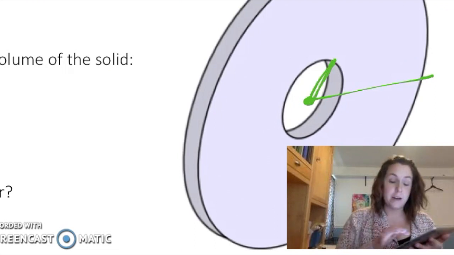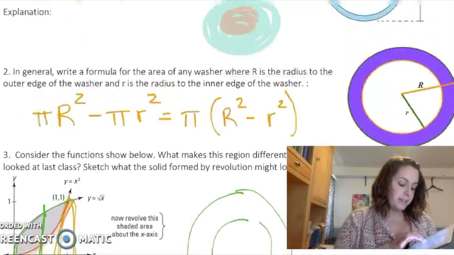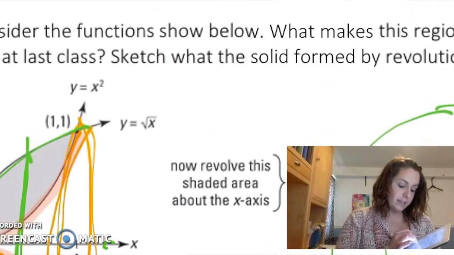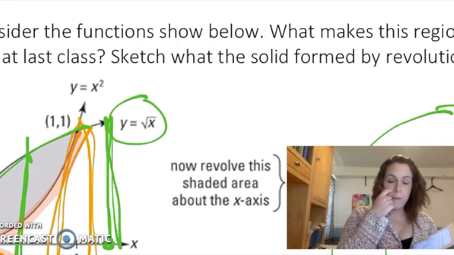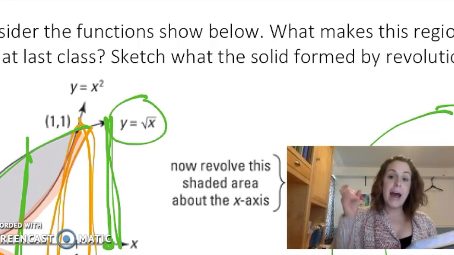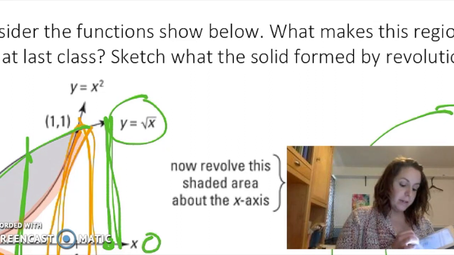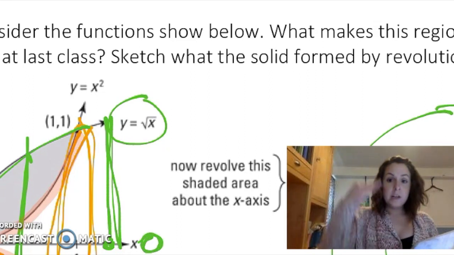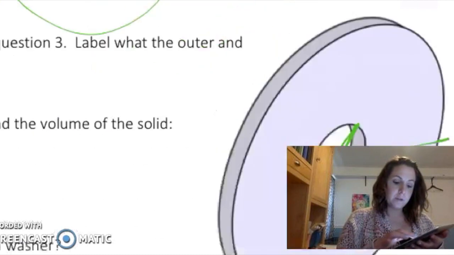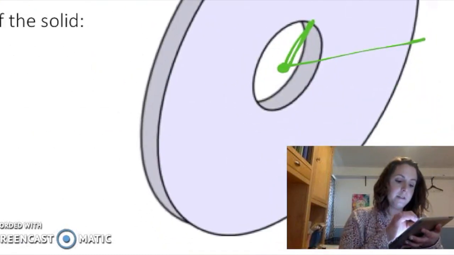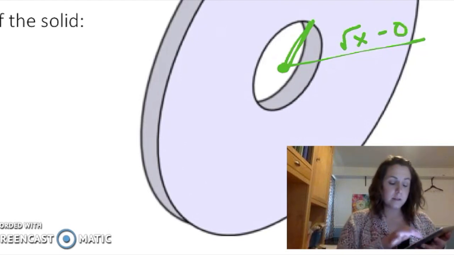And what would those be here? So thinking about this from the center here, which is the x-axis, to the outer edge, well, that's going up to my square root function. So my outer radius here would be from 0, which is my center line, to square root of x. So my outer radius on that would be the square root of x minus 0, or just square root of x.